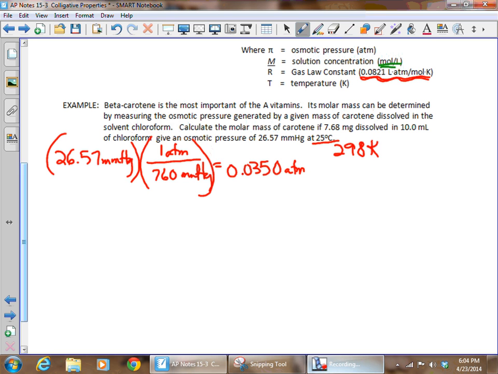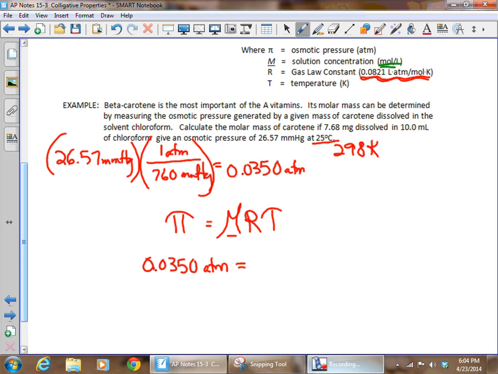And now we know that our equation is going to be that pi is equal to molarity times R times T. We just determined that the pressure was 0.0350 atmospheres.